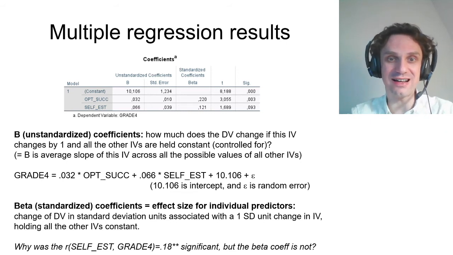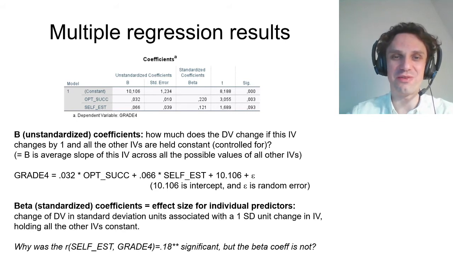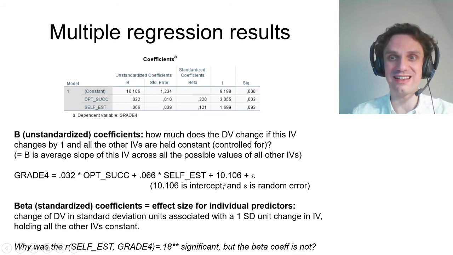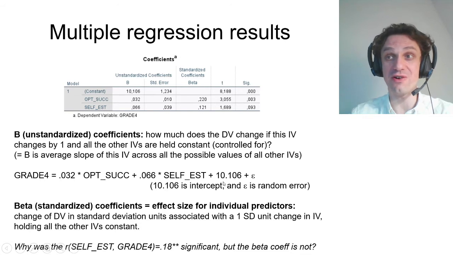And then after you multiply this score for optimism by 0.032 and you multiply this self-esteem by 0.066, you need to add a constant which is called intercept, which is basically the value of our dependent variable when all predictors are 0. So essentially it's a constant that we need to add to this.